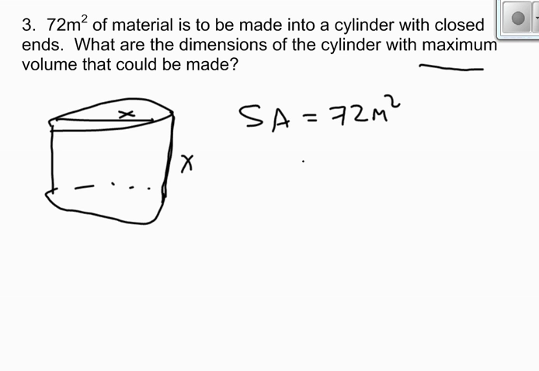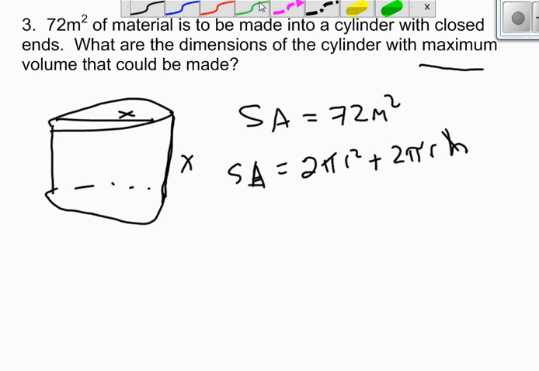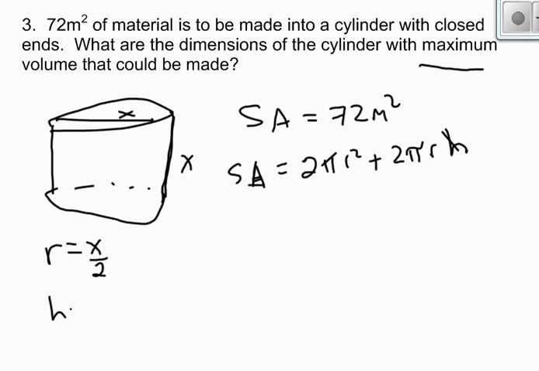So surface area equals 2 pi r squared plus 2 pi rh. So we need to figure out what x must be to maximize the volume. So what do we know? Do we know the radius? Well, we know that the radius must be half of x, and the height is x.